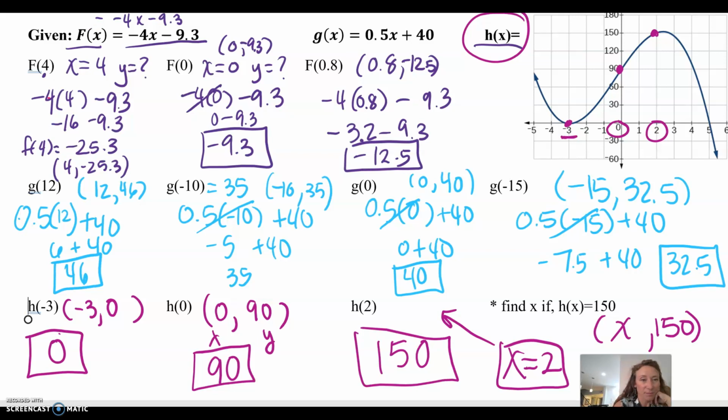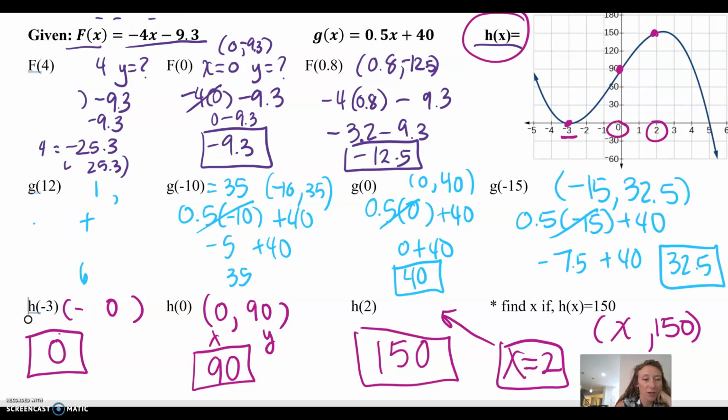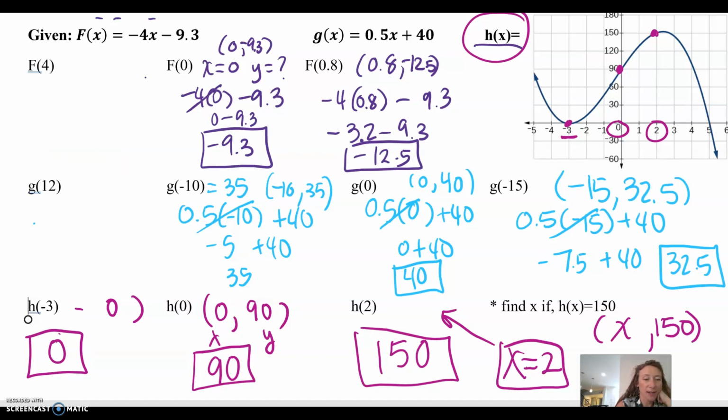Let me erase these things and we'll do a couple like that. So we'll go backwards and we'll say, okay, here's f of x and here's g of x.